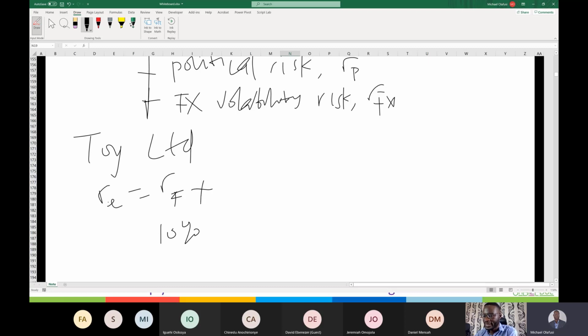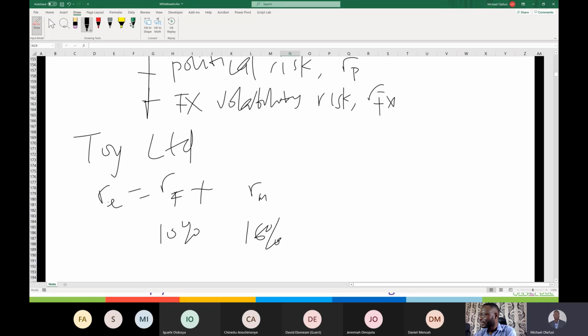First of all, let's say the stock markets for a long time have been returning 16%, which means people who invest in equity expect a 16% market return. So that is RM, the long-term market return, 16%.